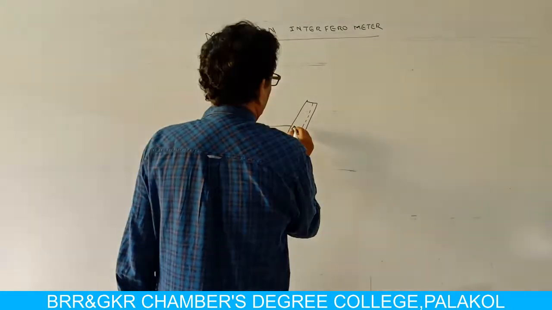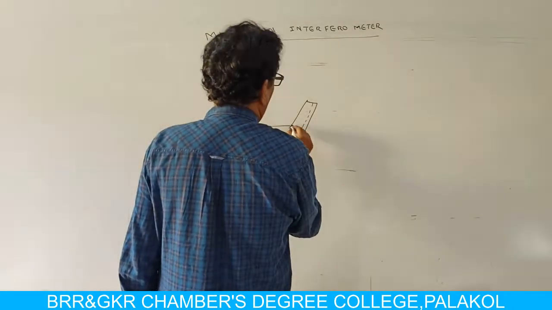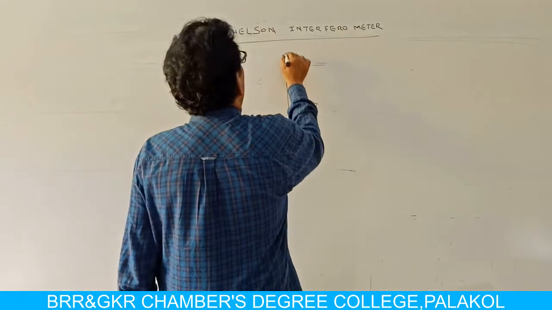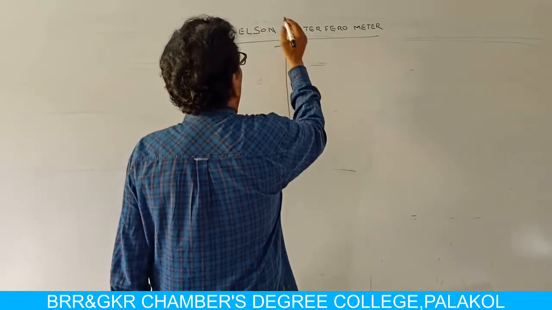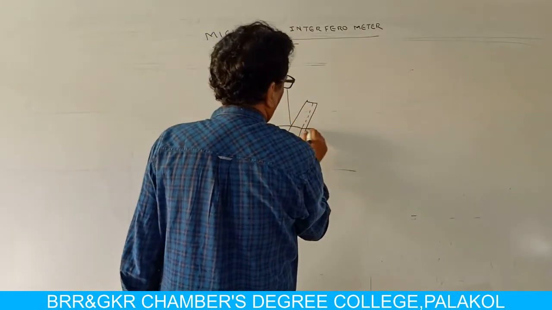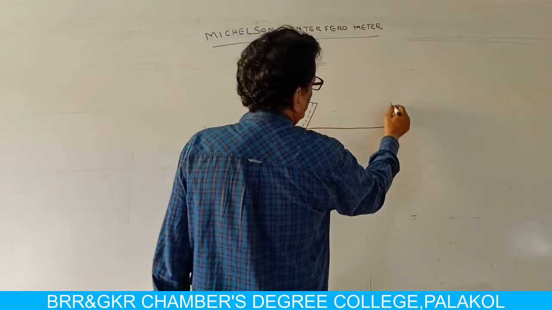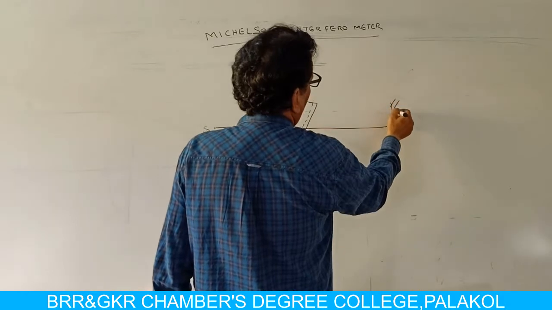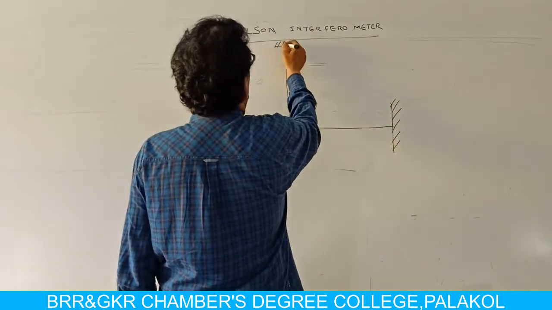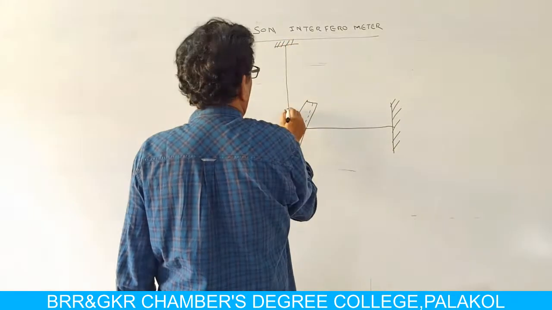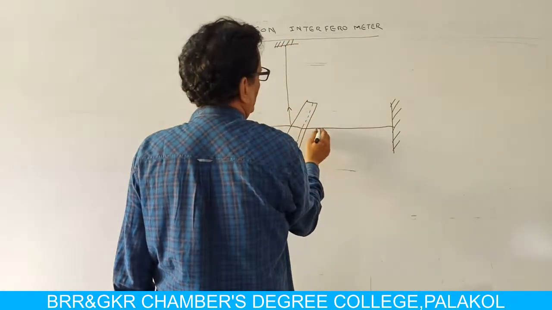Here it splits up into two rays. One is called the transverse ray, which moves up, and the other is called the longitudinal ray.